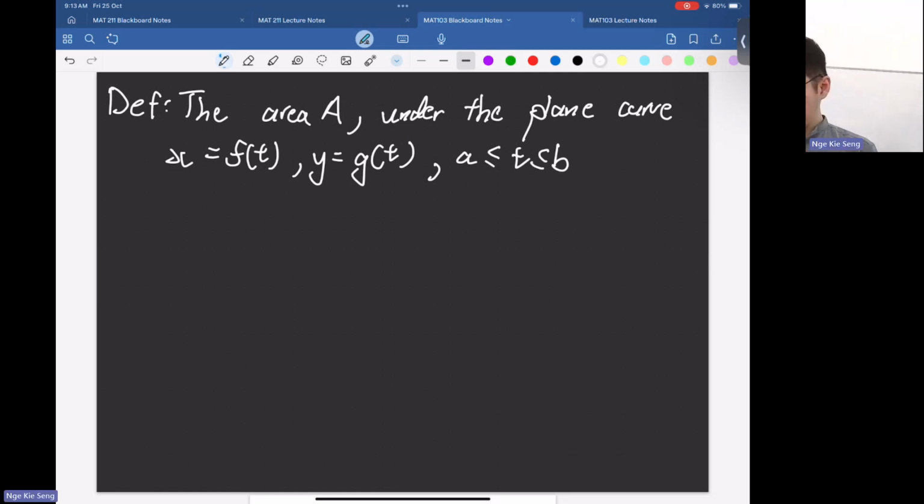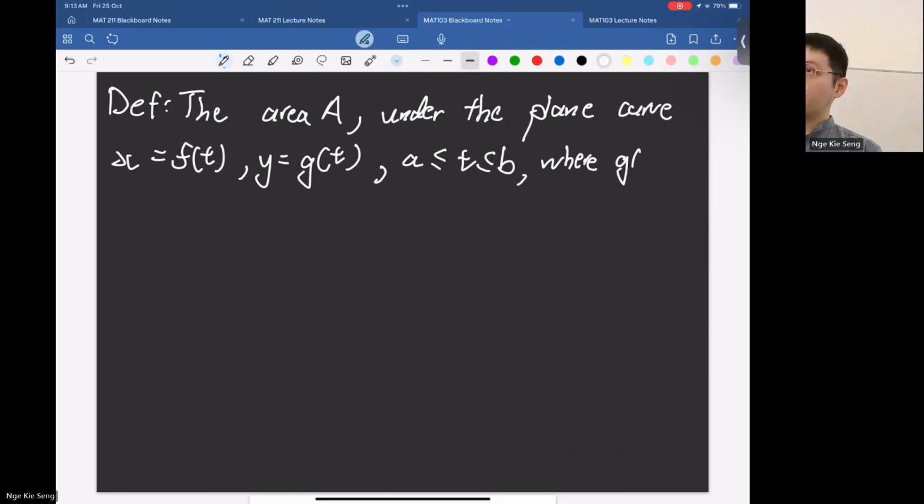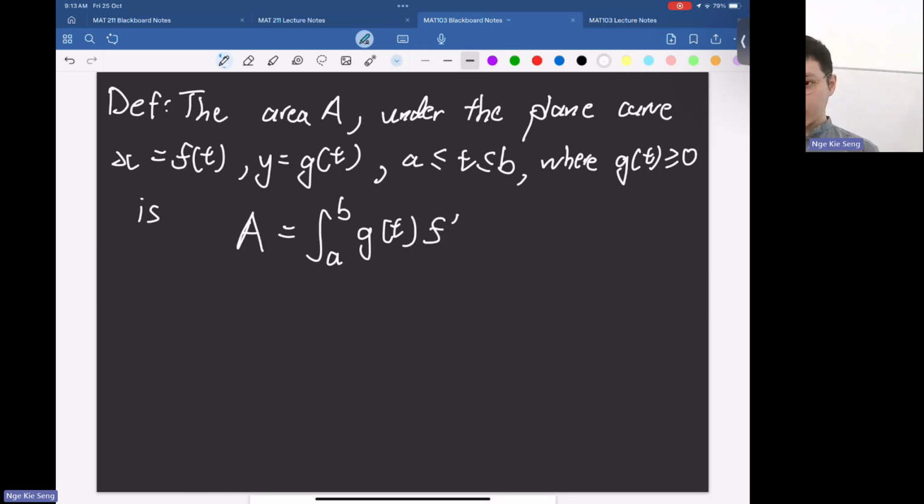Suppose g(t) is greater or equal to 0. Okay, so let's spend a moment thinking about this formula first, and then I'll tell you where it came from. Think about this formula for a while.